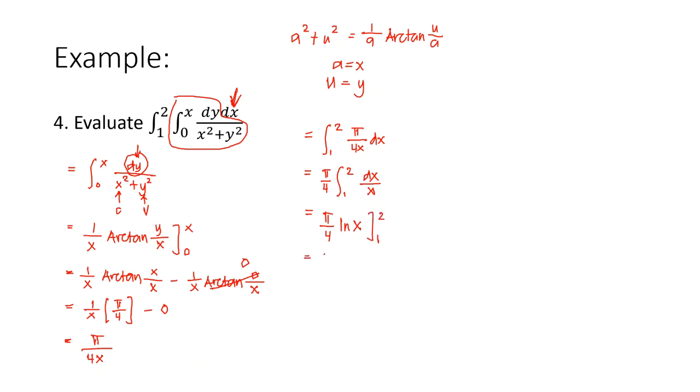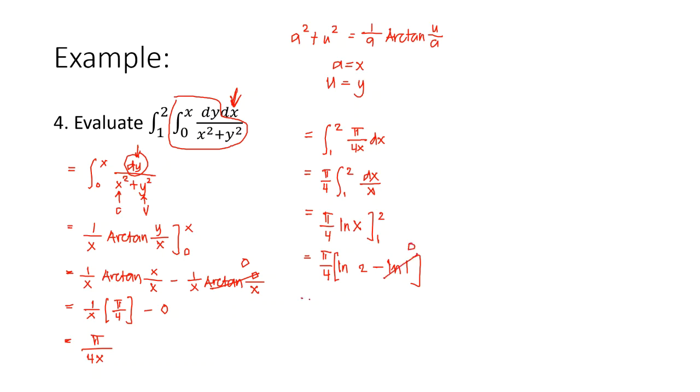So we have pi over 4 times ln 2 minus ln 1. If you would calculate, ln 1 is just basically equivalent to 0.